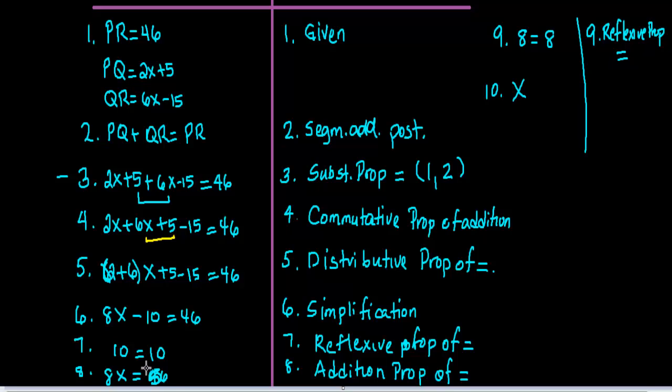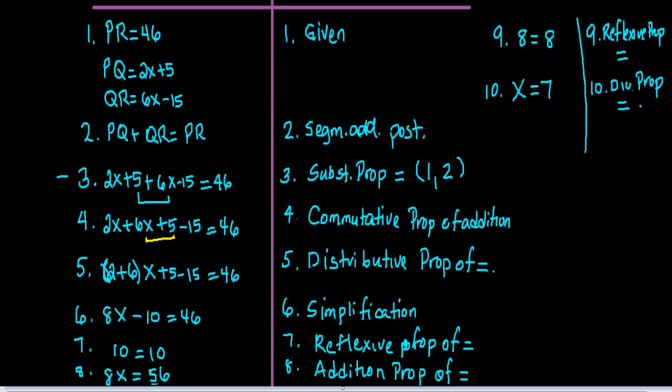Let me erase this here and write it more nicely. 56. Because I added 46 and 10 make 56. So now I divide by 8 both sides, and x is equal to 7 when I divide by 8. And reason number 10 is the division property of equality. And you're done. I hope you understood this problem.